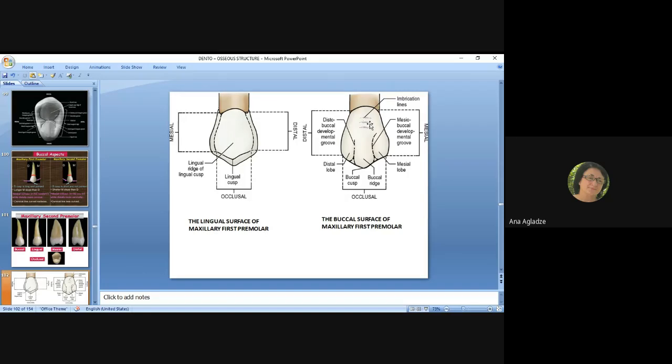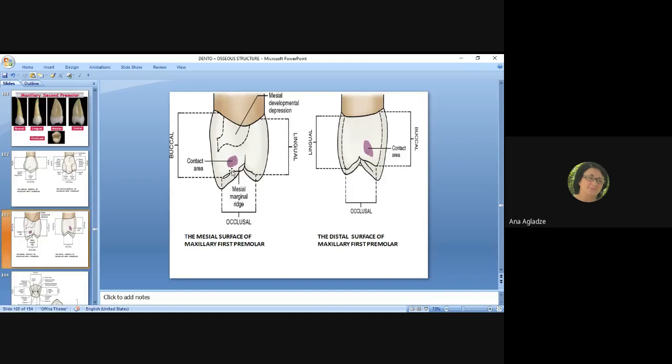they have imbrication lines, and we discussed these imbrication lines with enamel. And what is here? Here are ridges. This is a lingual ridge of the lingual cusp. This is the distal side. This is the mesial side, and this is the lingual cusp.